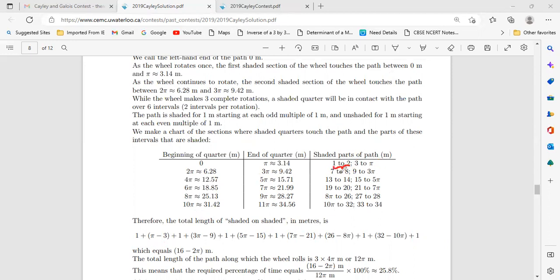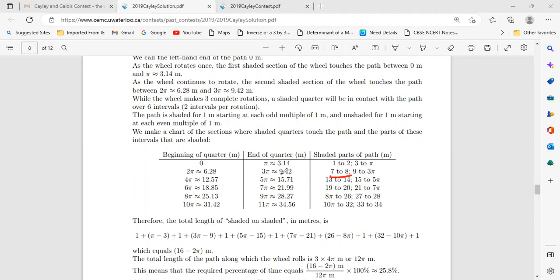You're just finding the difference of the distance. 1 to 2 is 1 meter. 3 to pi can be written as pi minus 3 meter. And 7 to 8, 8 minus 7 gives you 1. So it's 1 plus 3 pi minus 9 plus 14 minus 13, which also gives you 1.